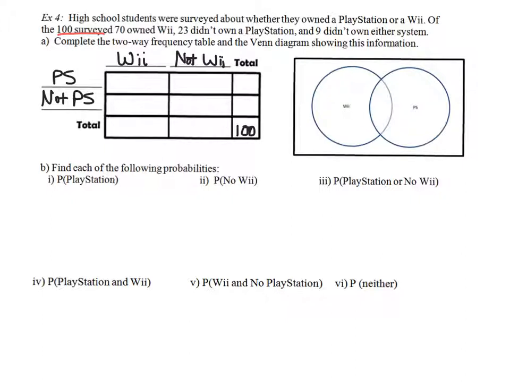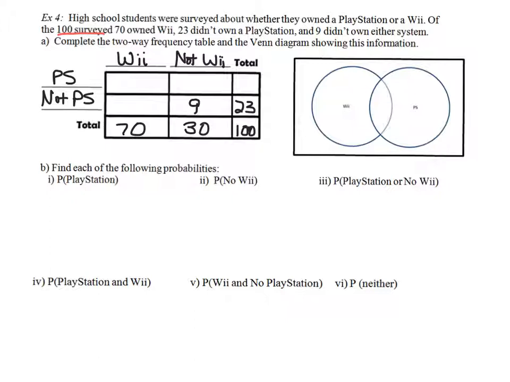So 70 owned Wii, so that means that the total of all the Wii would be 70. Therefore I know that there must have been 30 that didn't own Wii. 23 don't own PlayStation, so that tells me that this row right here has to be 23. 9 didn't own either one, so 9 is going to go right here.